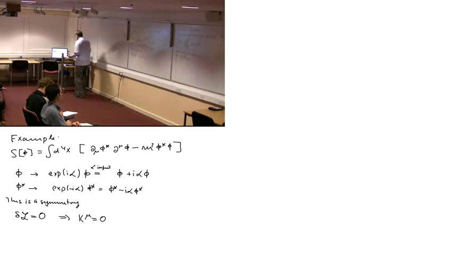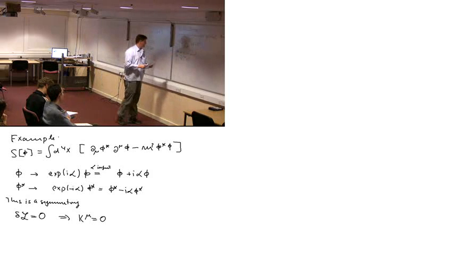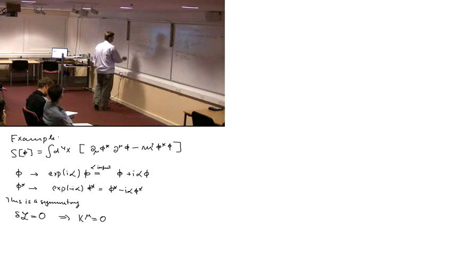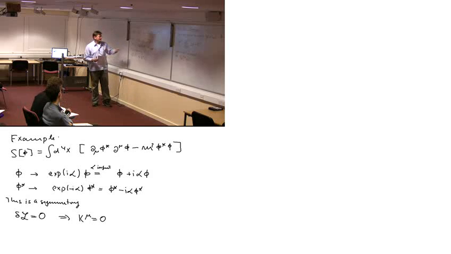And actually, this can also serve as a practice for how it works for more than one field, because we have phi and phi star. You can say phi and phi star are not really independent fields. But if you want, you can write everything in terms of real fields, the real component and the imaginary component. So you have, again, two real fields.